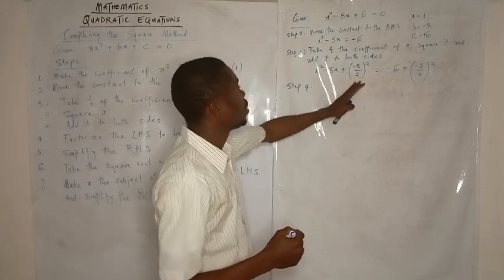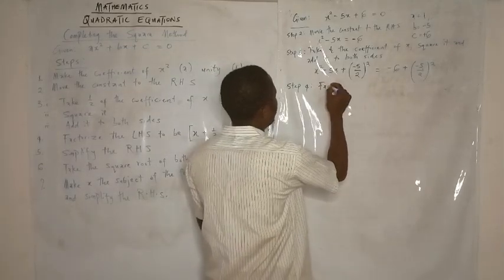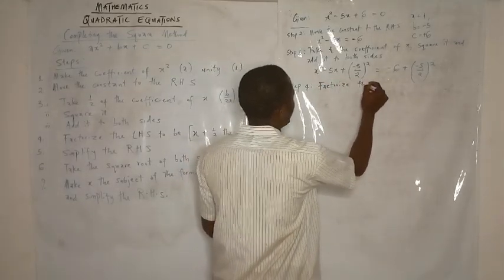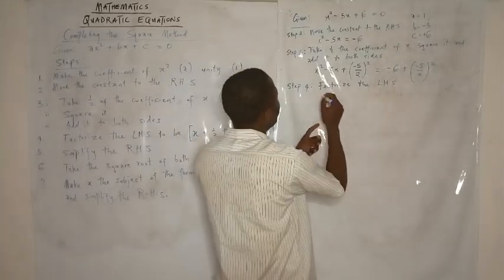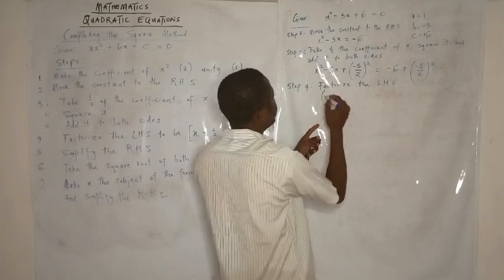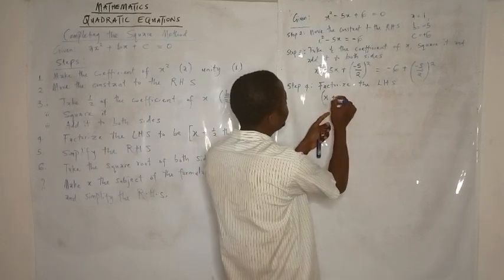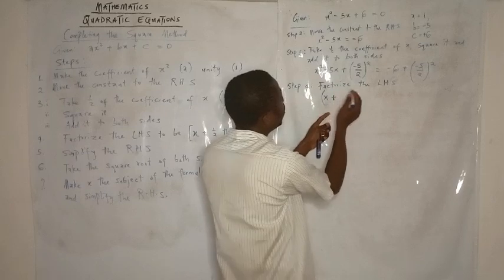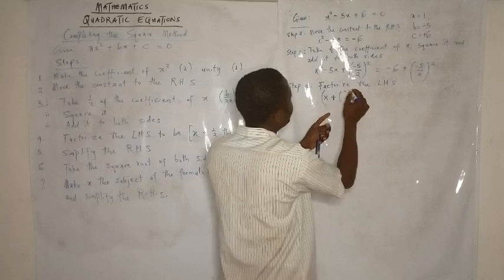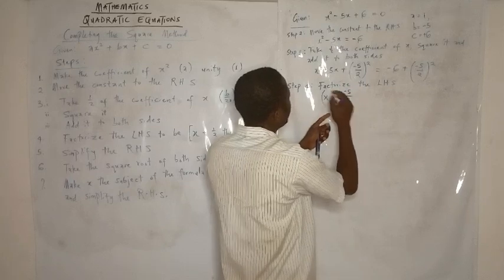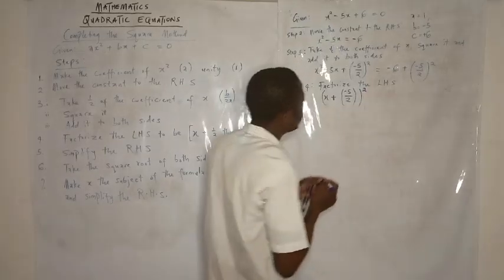So if we factorize this left hand side, this will be x plus what you have in this bracket, this will become -5/2 all squared.